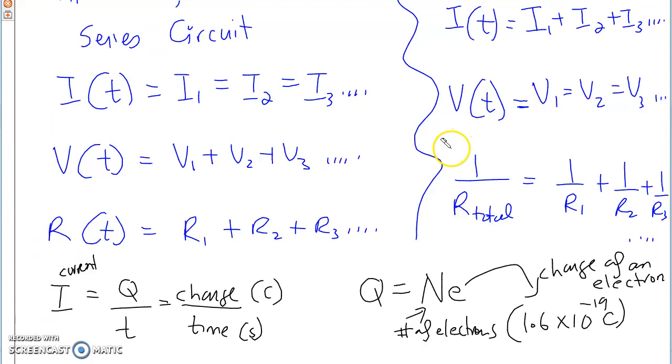In terms of other things that we need to remember from this chapter, I want to do a question where we take a look at a circuit and how to solve for that circuit. So we're going to erase this.